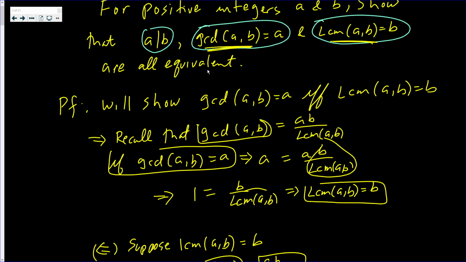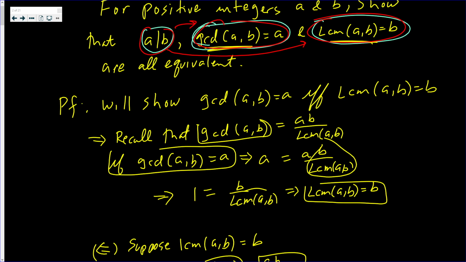So now, these two, this one and this one, are exactly the same statement. Okay, now if I can show this if and only if that one, or a divides b if and only if that one, then they're all three equivalent.